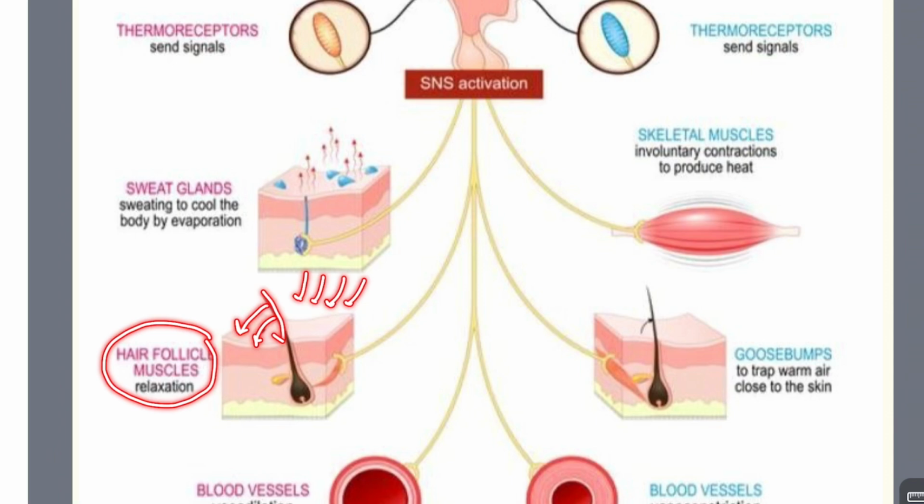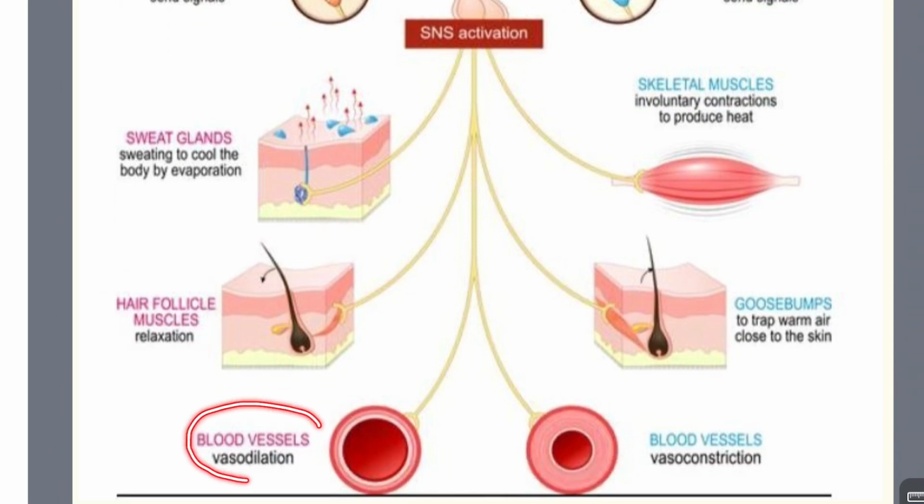Our blood vessels also dilate in response to sympathetic stimulation. As the body temperature rises, vasodilation causes more blood flow from the center to the periphery, and as blood flows to the periphery, heat is lost from the skin. So as we are exposed to heat, our anterior hypothalamus stimulates the sweat glands, causing sweating from the skin, and we lose the heat.